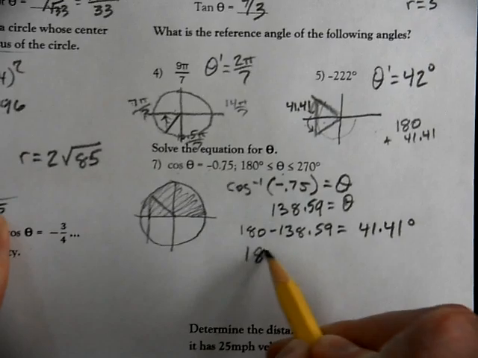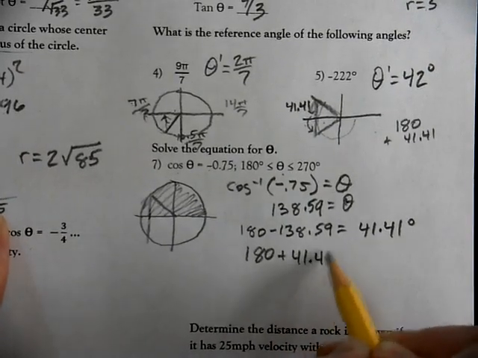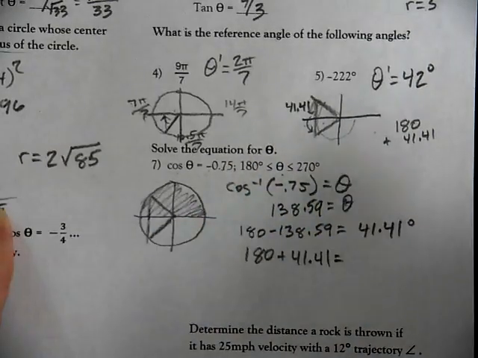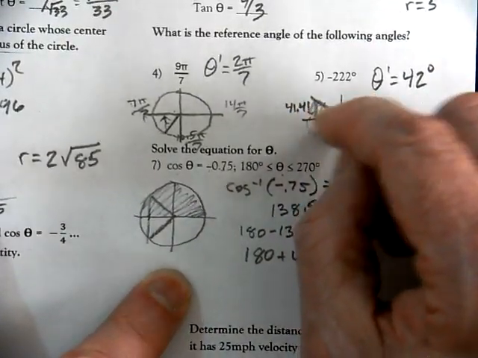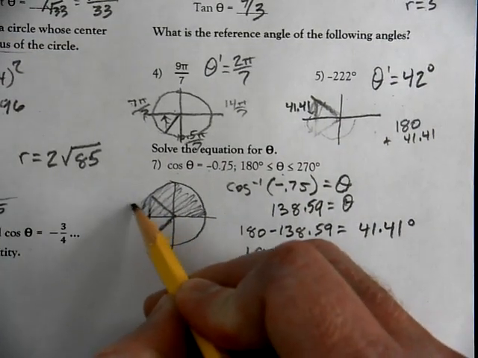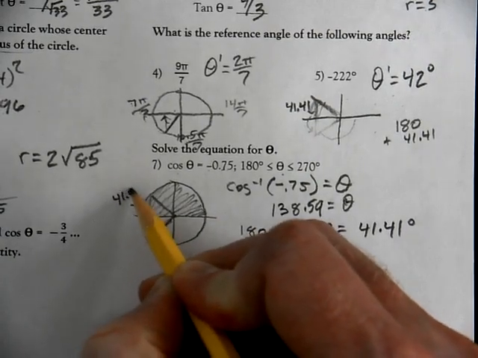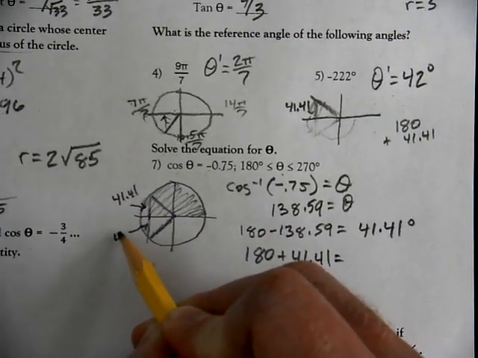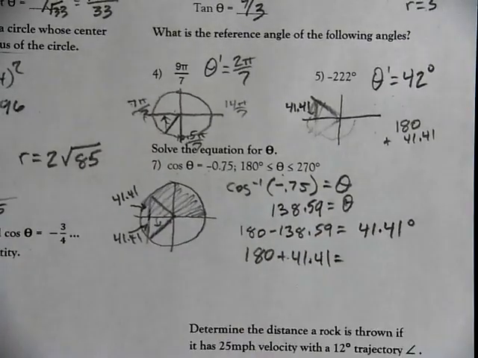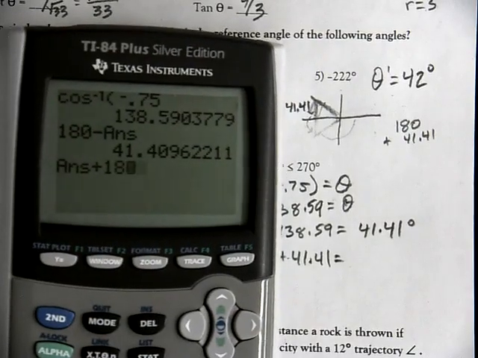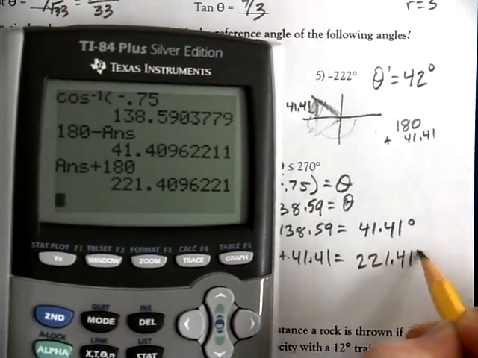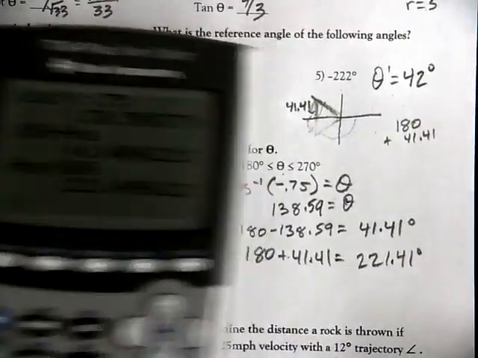So we need to do 180 plus 41.41 because the angle that we're trying to get to is this one. If this here is 41.41, then here is 41.41, and that's past 180. So we add 180 to it. So 221.41.